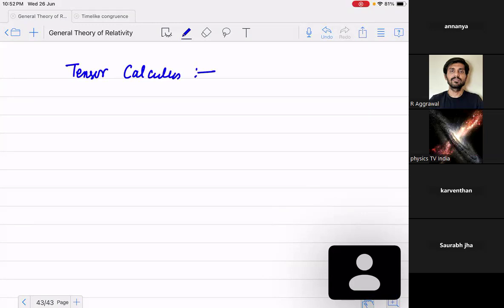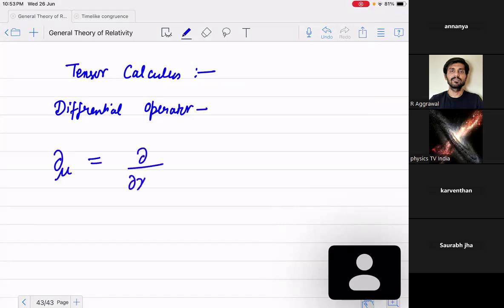So first is differentiation. In tensor calculus, the differential operator is del mu, written as del over del x mu.